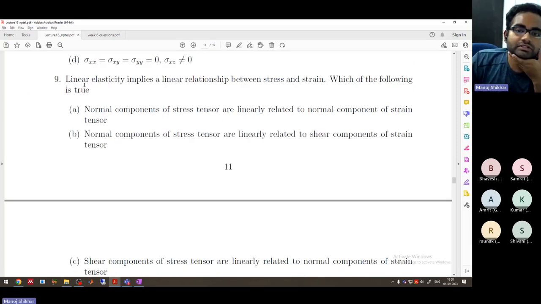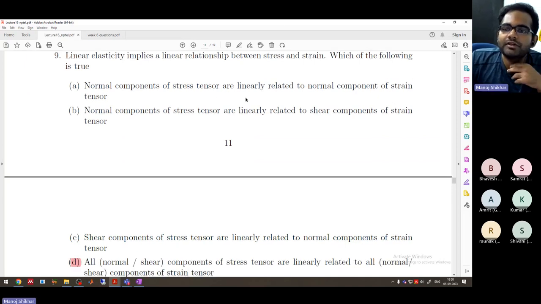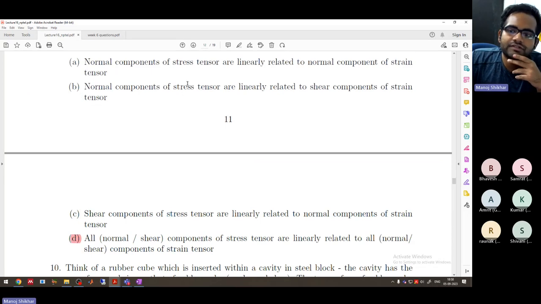Now, in this question, there's something I'd like to mention. Linear elasticity implies a linear relationship between stress and strain. This is what they have given, and they're asking which of the following is true. The first statement is normal components of stress tensor are linearly related to normal components of strain tensor. Second, normal components of stress tensor are linearly related to shear components of strain tensor.